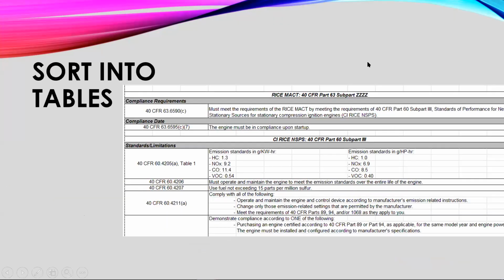Another resource that I've used is to put the codes into a table, so that you've got them broken down. That way you can also retain the citation, and if you paraphrase and somebody's asking specifically about a section, you can go back to where that original language is and make sure that the paraphrasing didn't lose any of the original intent.